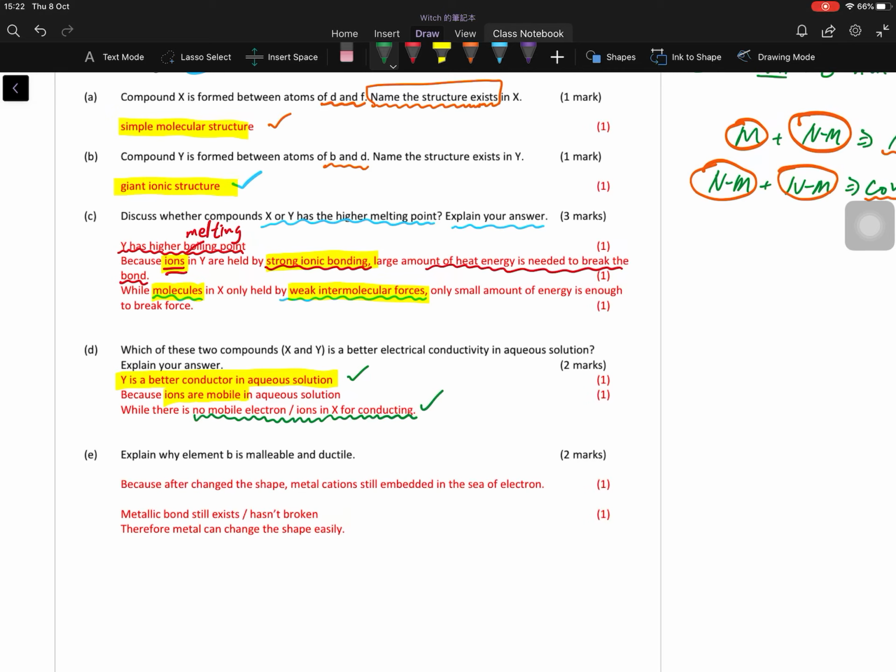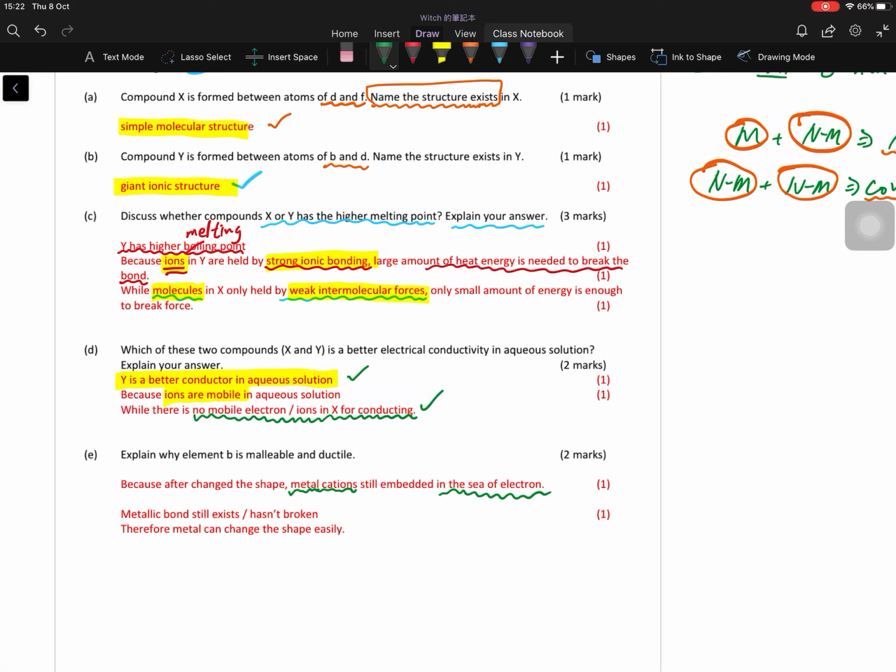Finally, why is element boy malleable and ductile? First, you need to tell me that element boy is actually a metal, and metal cations are in a sea of electrons. This is the metallic bond. So the first point is about the structure, the metallic structure.